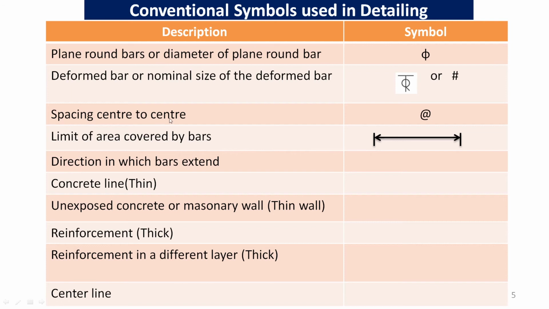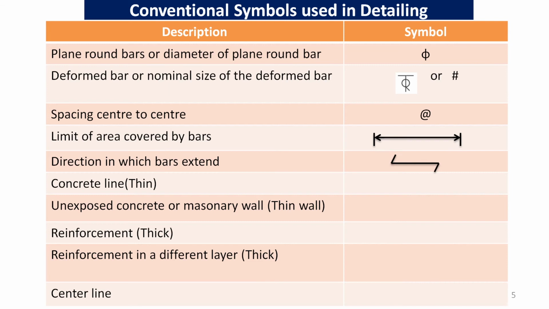Spacing, center to center spacing. The symbol is at the rate. Next one, limit of the area covered by the bars. We use this symbol here. Direction in which bars extend.